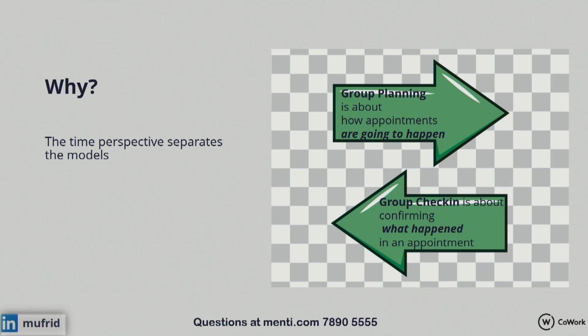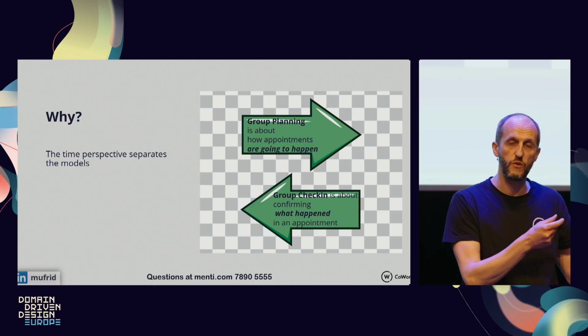underlined by this insight, that when we are doing group planning, we are looking ahead in time. When doing group check-in, we are looking back in time. So what is going to happen, and what has happened? This realization that the same model was going to exist to serve the needs of what's going to happen and what has happened at the same time was really difficult.